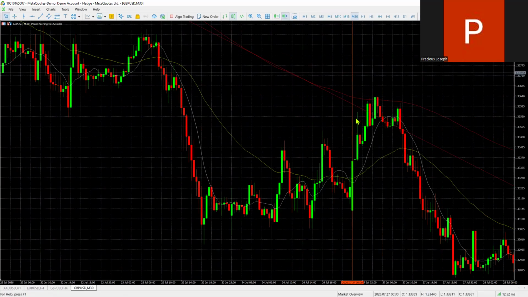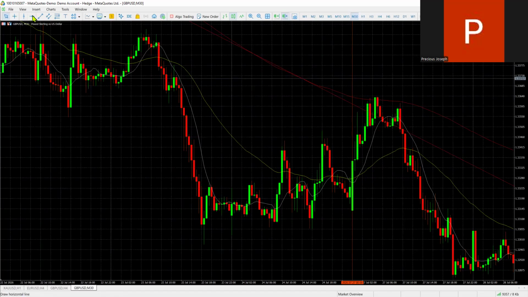We can see there's a spike here and price closed below. There's not that much, but there is at that trend line. Even though price went above the trend line, there is a liquidity grab. This red candle, price spiked, price went up, but it closed below. So it took liquidity above this green candle, but still closed inside.